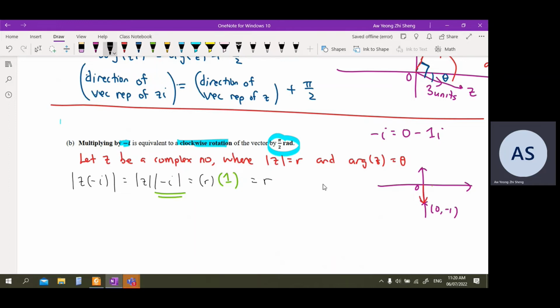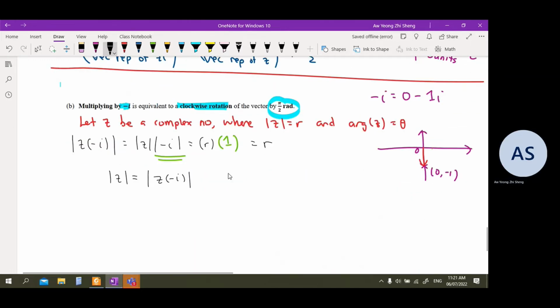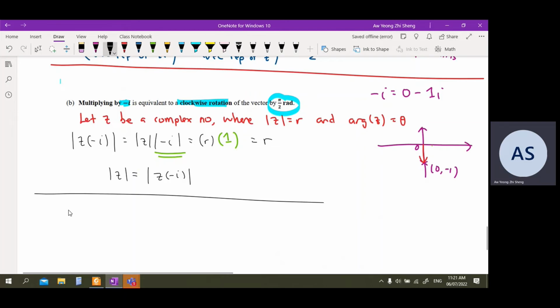So again, we realize that the modulus of z is the same as modulus of z times minus i. That means the length of the vector representation of z remains unchanged after you multiply z by negative i. Then the argument of z times minus i is the same as argument z plus argument of minus i.